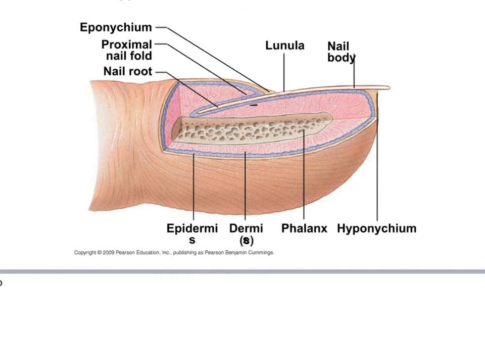Underneath the free edge of the nail, we have what's called the hyponychium. That's just this area right here. And back over here, where you have your cuticle, we have the eponychium. But otherwise, I'm not going to have that on the lab exam at all.